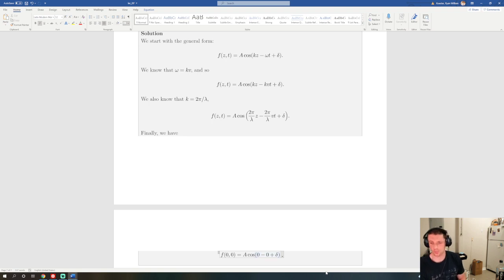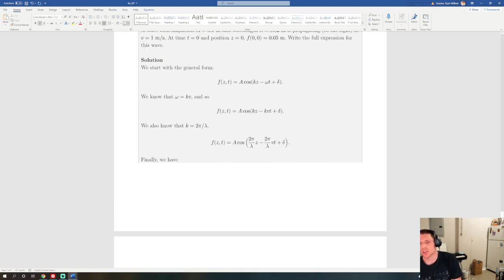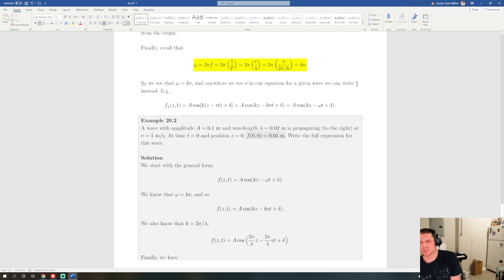Now, what did we say? We said that this equals 0.05 meters, right? But notice that the way that I wrote this, this is just A divided by 2 symbolically. So you want to keep an eye out for things like this.